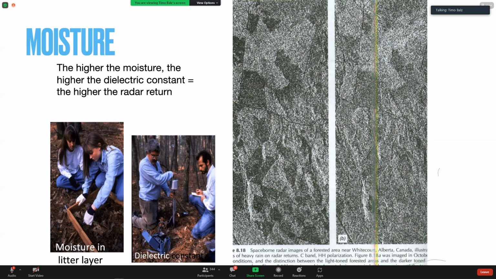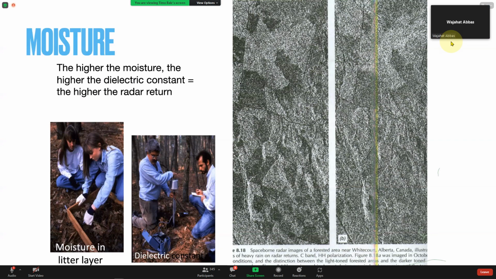When we are talking about nature scenes, it is typically the water in the soil, or the water inside the plant, that is actually reacting with your signal, right? So the moisture is very, very important, and that can be very good if you're interested in soil moisture, right?